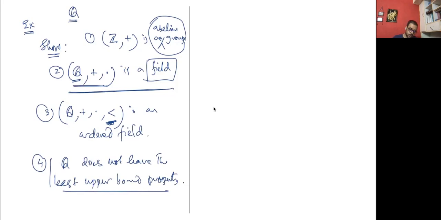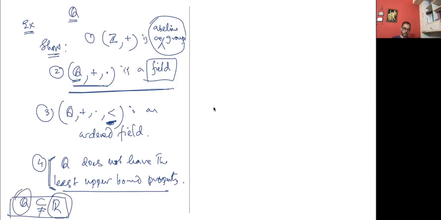This is something that you can try, but maybe we'll spend a little time next time on this, or maybe I'll write something on the discussion page. So this is where it differs from the set of reals. This is going to tell you that this is strictly contained in R. This is not going to give you the entire R, because R satisfies the last condition, the least upper bound property, as well.